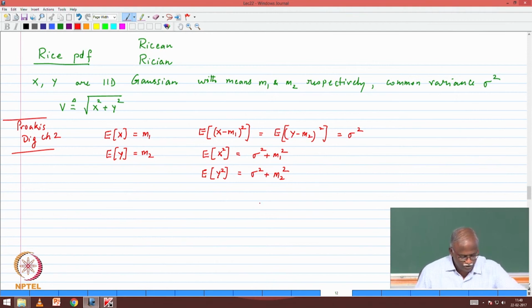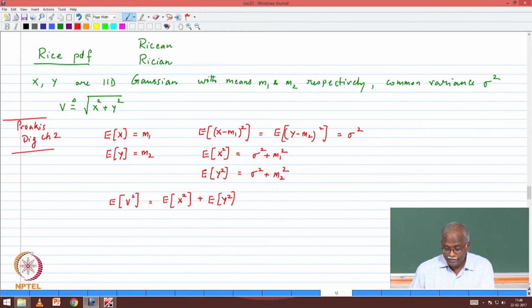Now comes a very, very important point, which is the difference between the Rayleigh and Ricean PDF. The expected value of v squared is equal to the expected value of x squared plus the expected value of y squared, like before for the case of Rayleigh. In the Rayleigh case, this was equal to 2 sigma squared because the means were 0. So now what we will get is sigma squared plus m1 squared, and sigma squared plus m2 squared.